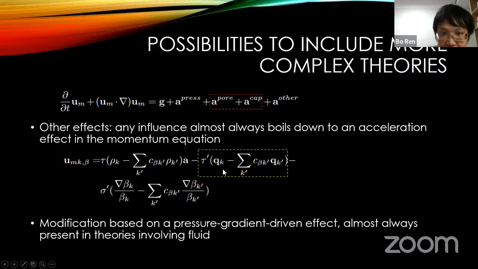So you can just substitute them into this place, and you'll get new drift velocity calculations for that effect. So these modifications to the original mixed model are quite extensible, and have the possibility to apply to more complex theories.